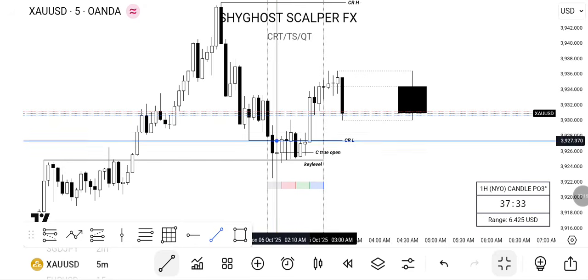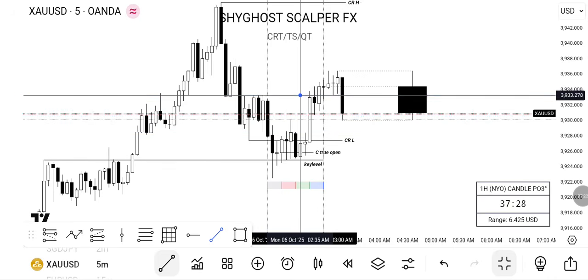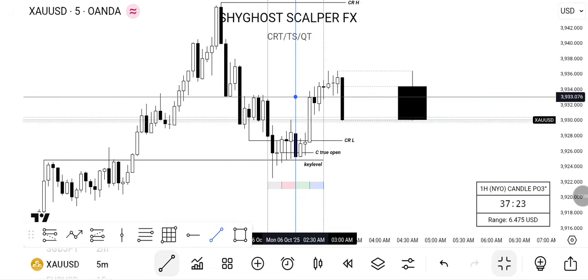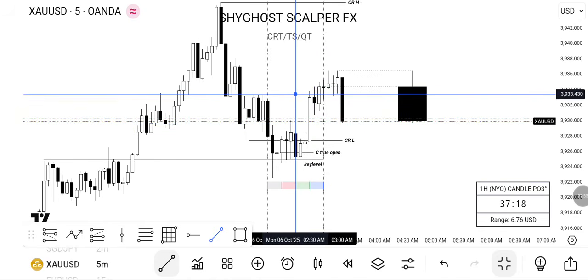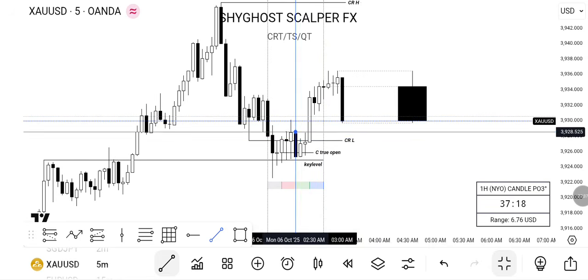So now we need to mark our model 1. Our model 1 must be a black candle, right? Since we are looking to buy, we buy from a black candle, which is our bearish candle. So it's gonna be a big bulky candle with small wicks for it to be a higher probability candle, right? So for this instance it is this candle here.